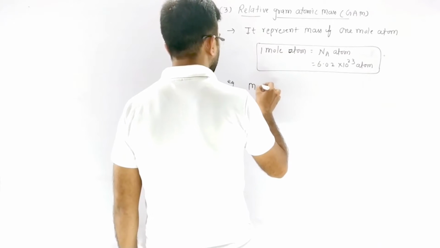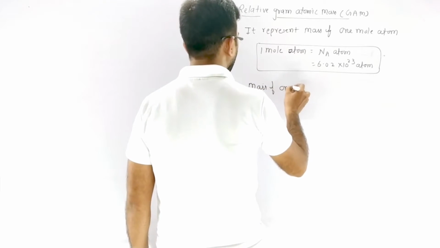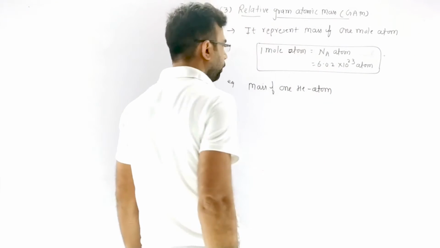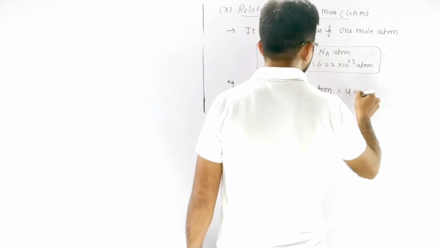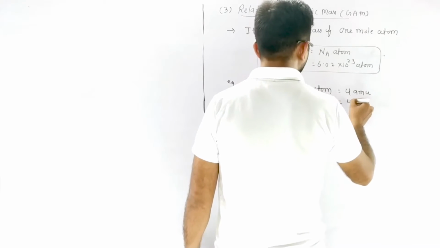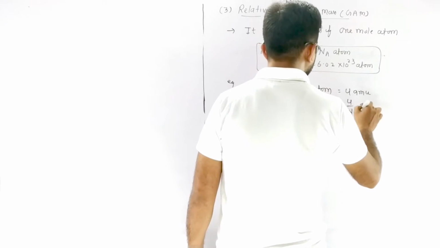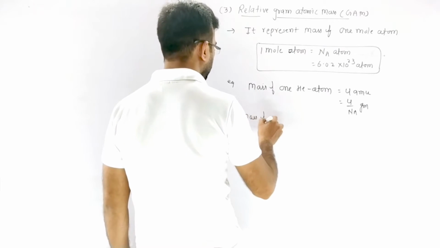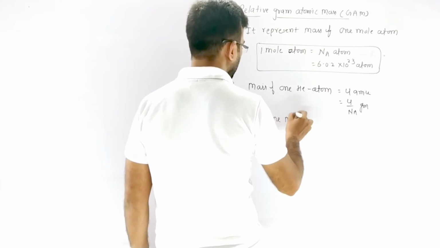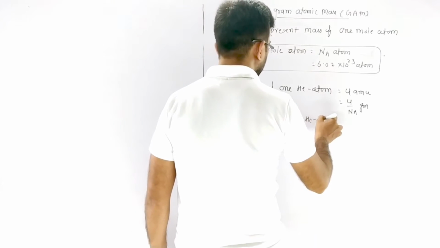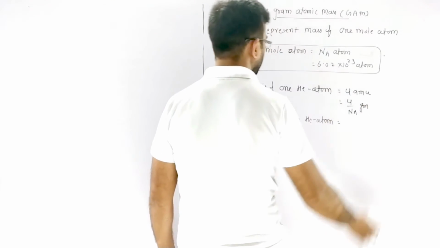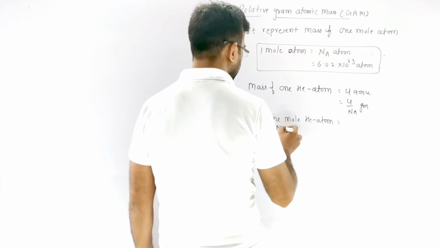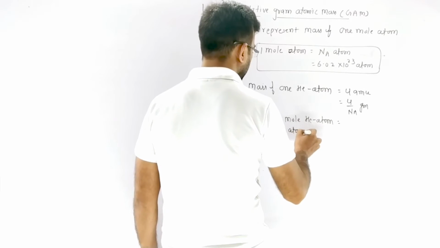We know that the mass of one He atom, or the relative atomic mass of helium, is 4 AMU, and we also write 4 divided by N_A gram. Now, if we write the mass of 1 mole of helium atoms, so we calculated the mass of a single atom, and now we calculate the mass of 1 mole, or N_A atoms.